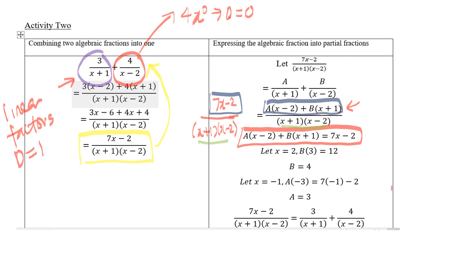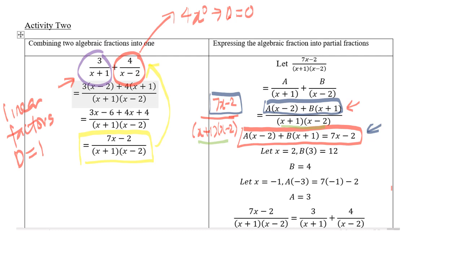This is what we have learned earlier on. It is similar to the concept of solving identities, where you can use a substitution method to find the constants a and b. I'm going to eliminate a, so I substitute x to be 2, because if x is 2, 2 minus 2 will be 0, and 0 times a will be 0. So I eliminate a first, so that I can find the value of b.